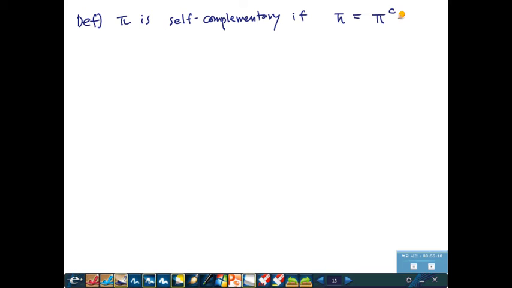We assume that the outer box is given. Without the outer box, we don't really have complementation.